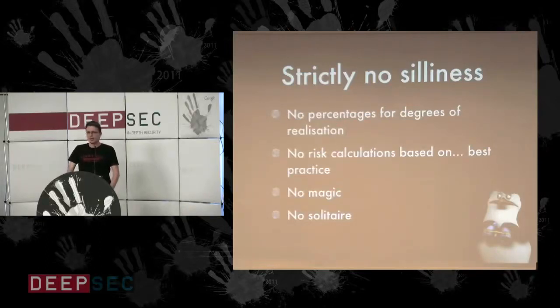What does this really mean? I have no idea. You say the likelihood is 2 and the impact is a 3. Okay, but you don't really know what this means. And if somebody else does it, they probably have a likelihood of 1, and you don't really know where the difference is.